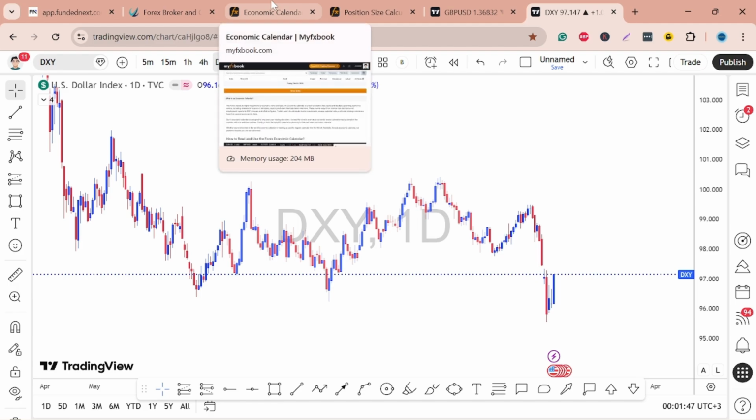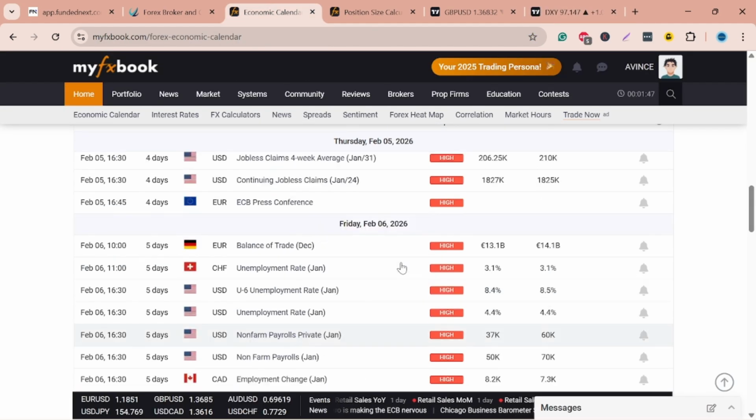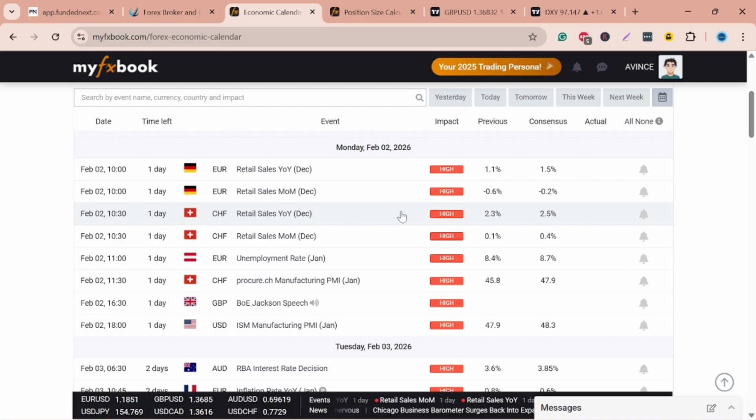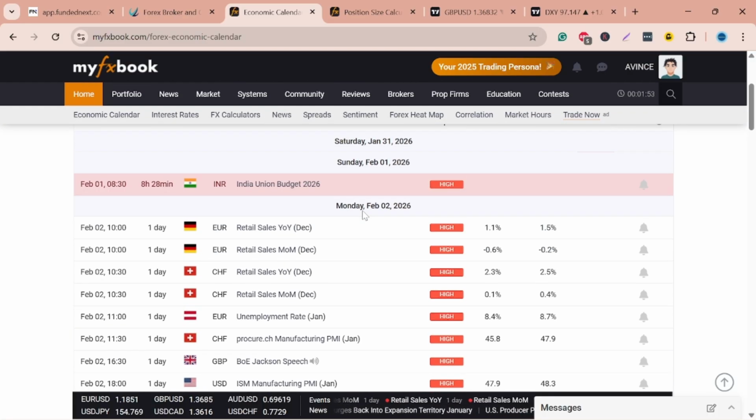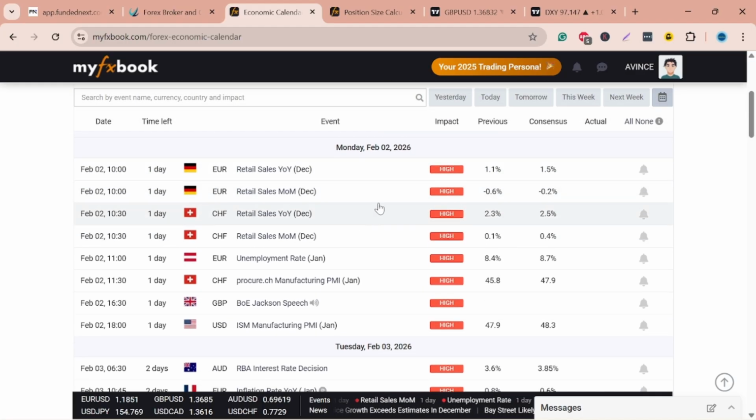I would like us to jump into the economic calendar to check what we'll be expecting this coming week as the month of February opens. We have a lot of red folders.